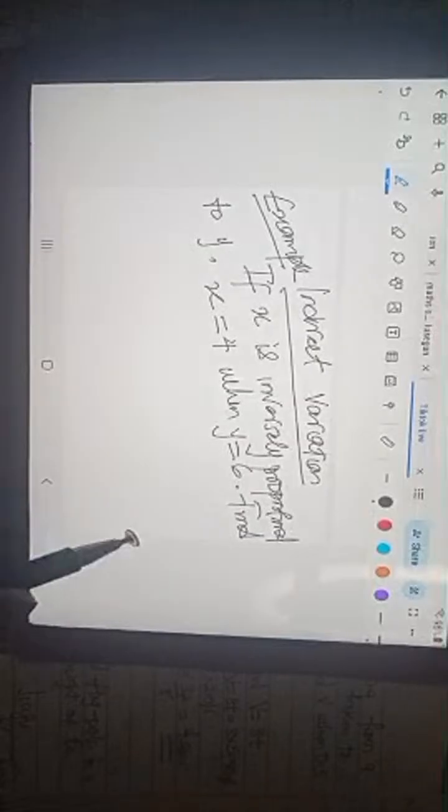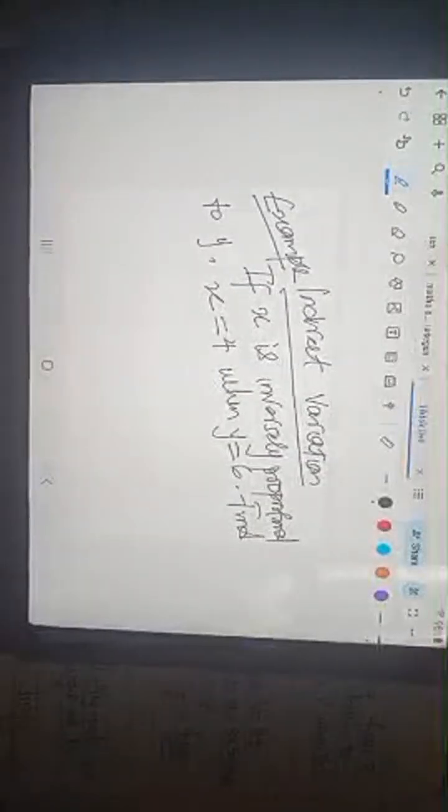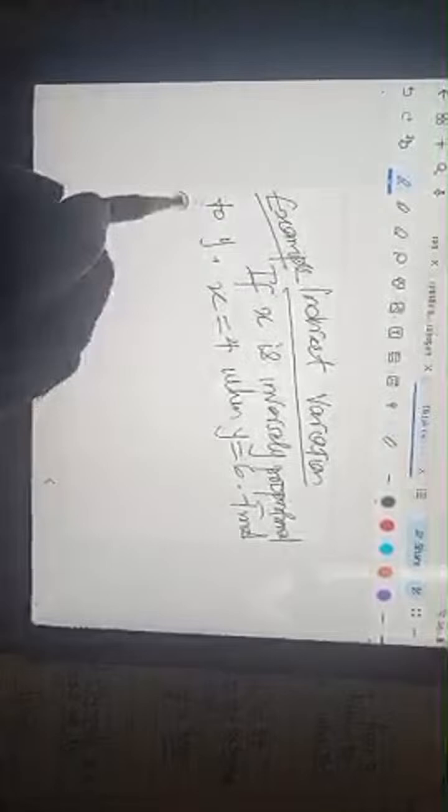So this one is indirect variation. Now, it says find the law.